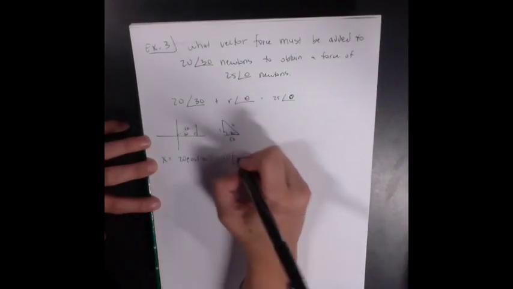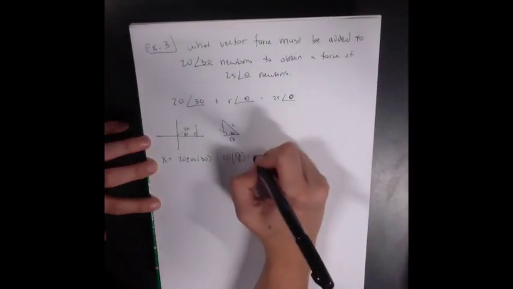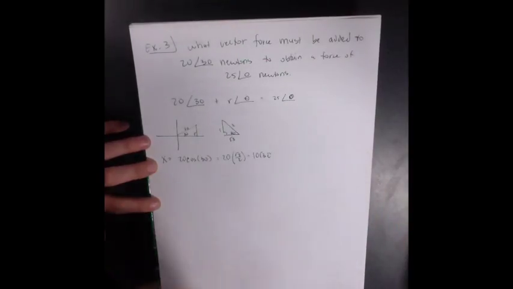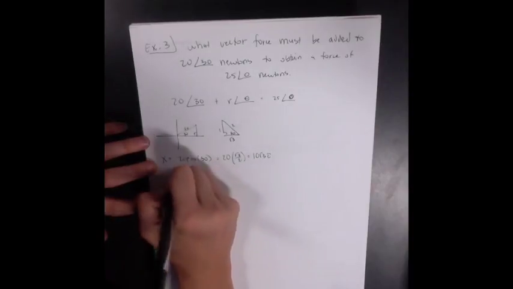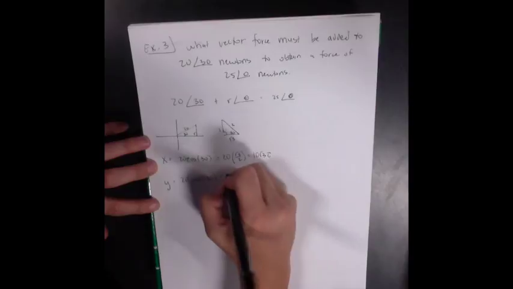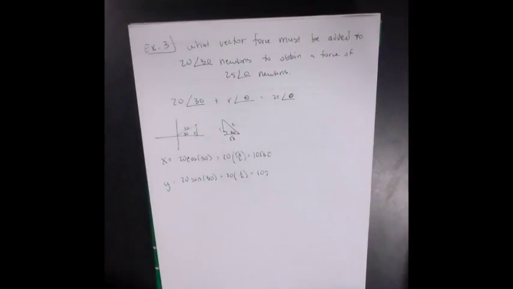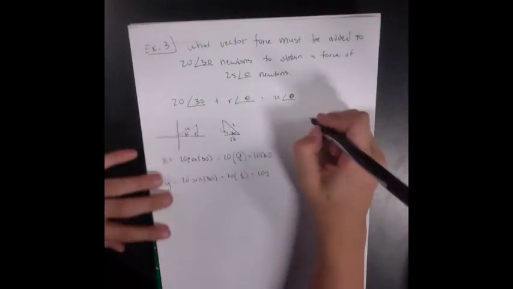The cosine of 30 degrees is root 3 over 2, so this gives me 20 divided by 2, gives me 10 root 3. It's my i hat. Y is going to be 20 sine of 30, and we know that sine of 30 is 1/2, which gives me 10 j hat.